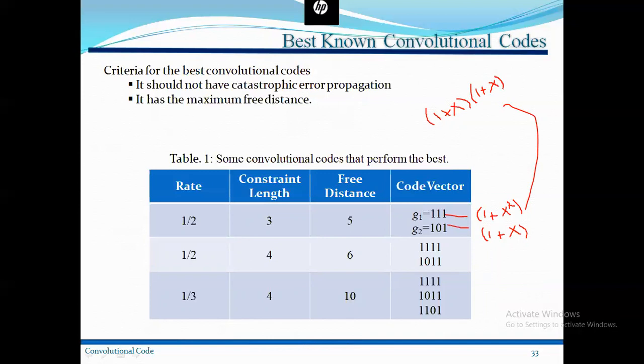If there is one symbol error, it will be propagated to consecutive symbol errors, and that cannot be overcome. So that catastrophic error can be removed while designing the coder. The connection vector or the generator polynomial will be decided carefully.